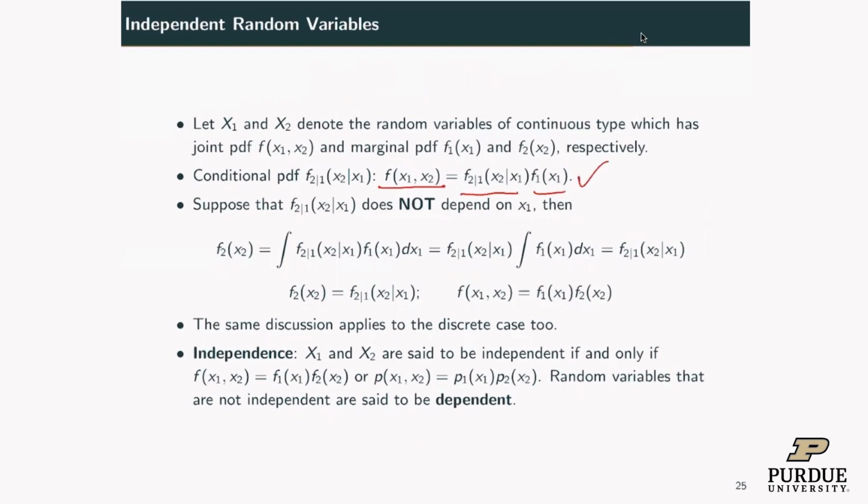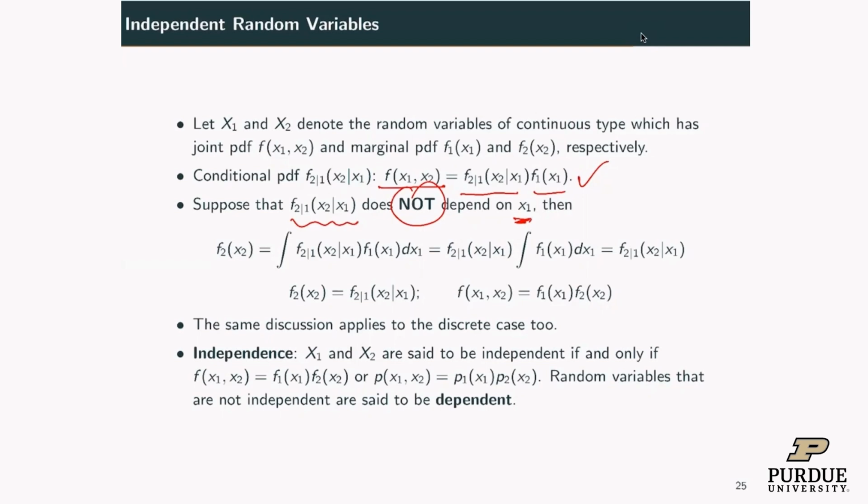This is always true by definition of conditional PDF. Now there is a special relationship. What happened? The conditional PDF of x2 given x1 does not depend on x1. So that means whether you know x1 or you don't know x1, it will not affect the distribution of x2.